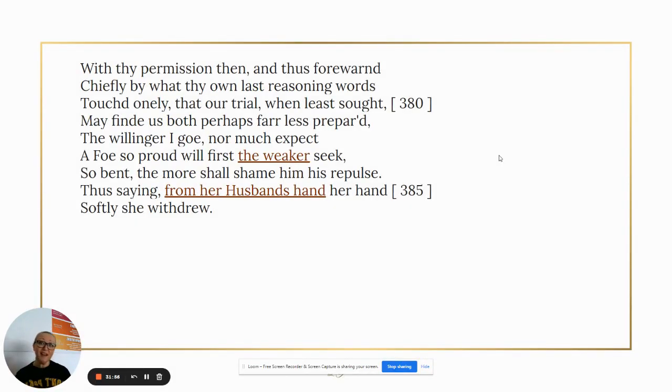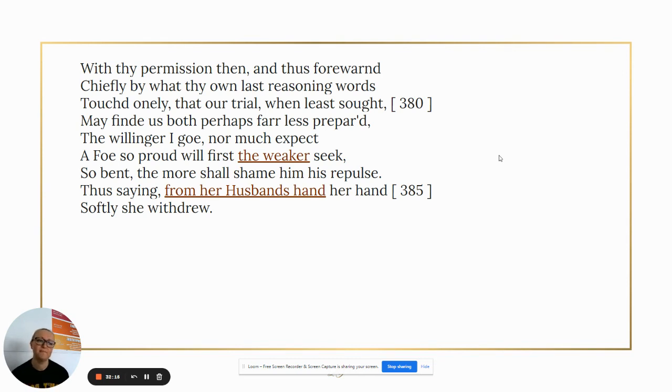And she says, okay, well, if I've got your permission then, off I go. "The willinger I go, nor much expect a foe so proud will first the weaker seek." So she's like, why would he come and attack me? That would be no honour on him, if he's going to come from you.